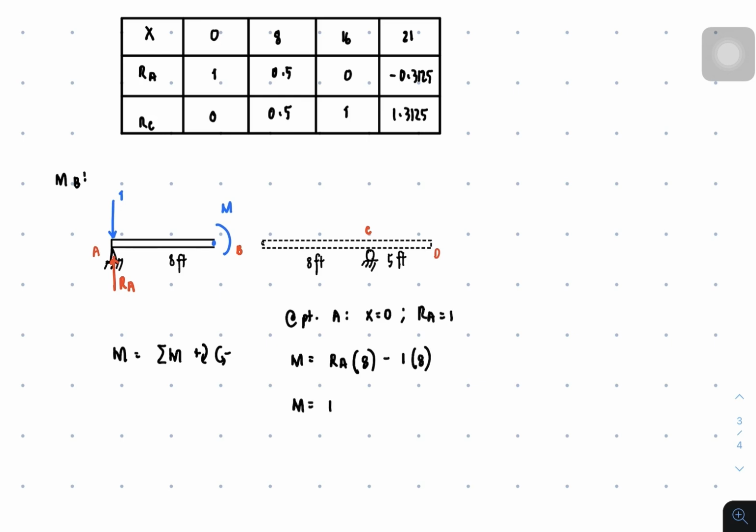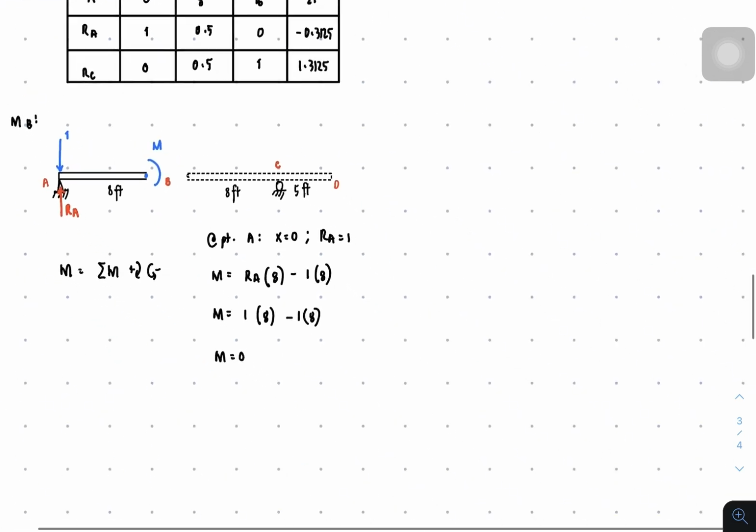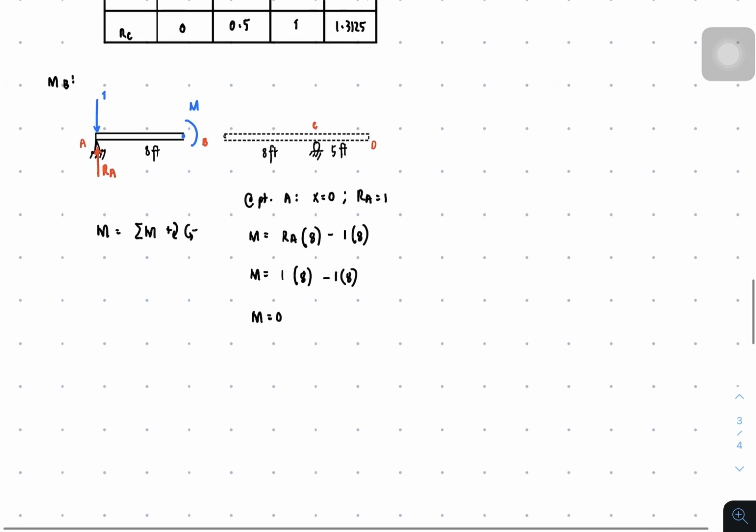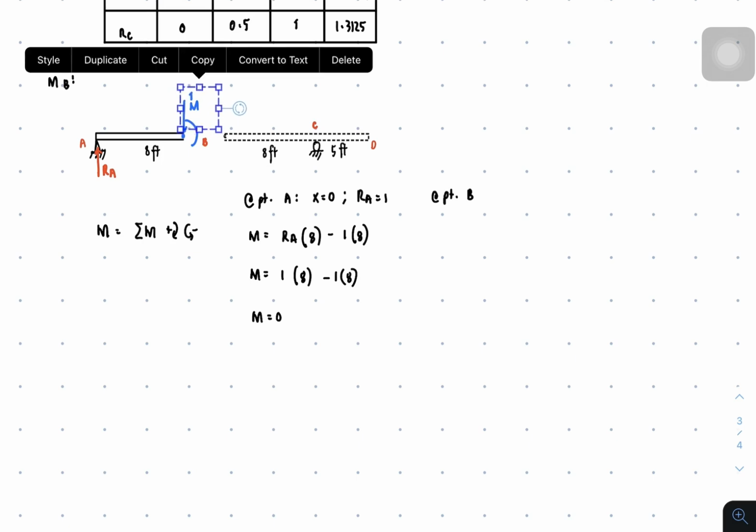But RA is 1, so 1 times 8 minus 1 times 8 is just 0. Okay, proceed. We have point B. So we will be transferring this load at point B.